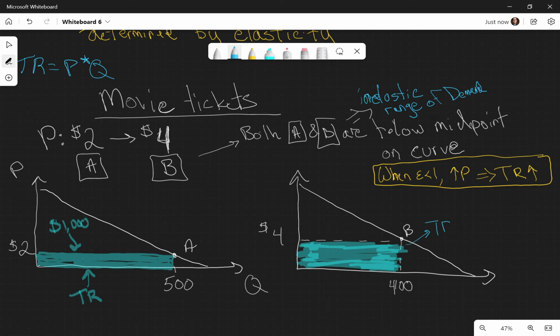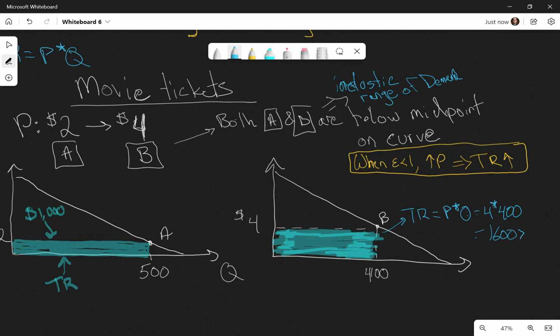Total revenue is equal to price times quantity, which is going to equal 4 times 400. 4 times 400 is 1,600, which, you betcha, is greater than 1,000. Therefore, my total revenue did increase just as expected from a price increase in an inelastic range of the demand curve.